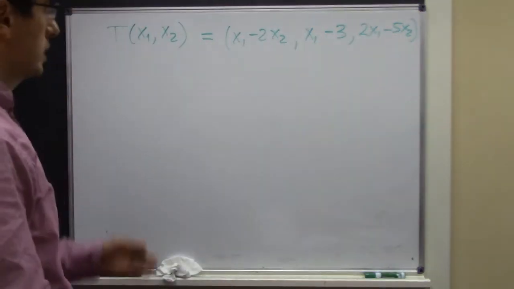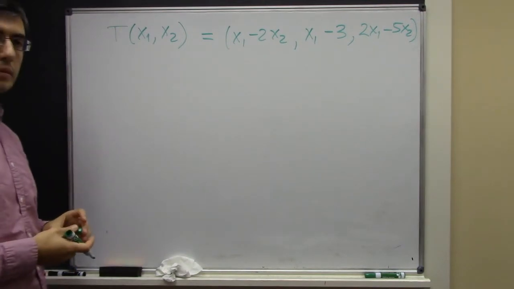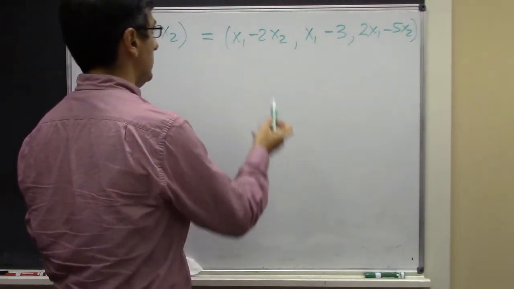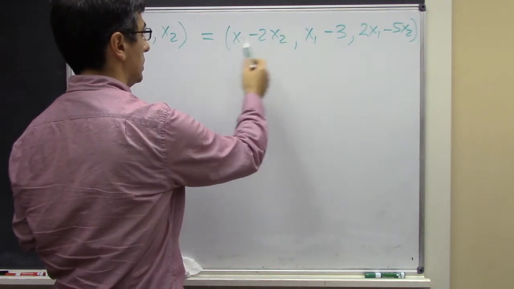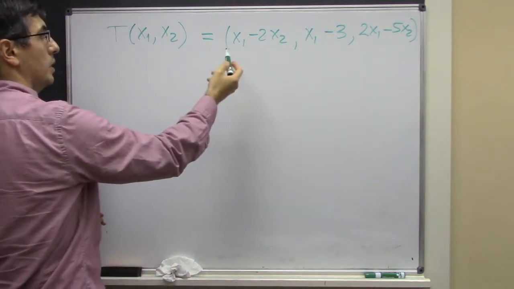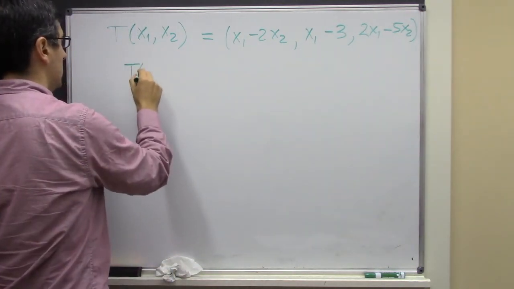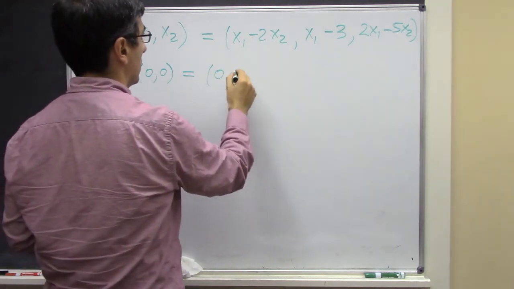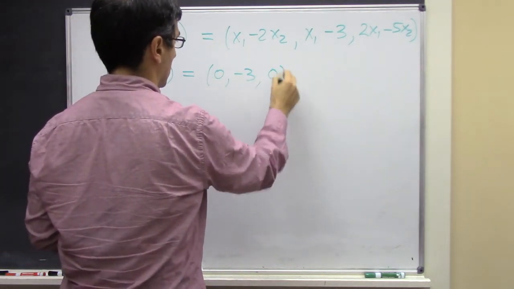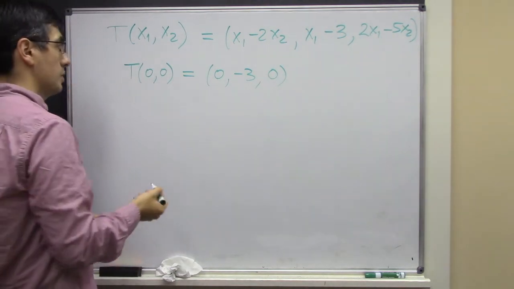Suppose you're given this rule, and the question is: is this linear or not? What you can observe by just looking at these formulas is that T(0, 0) is equal to (0, minus 3, 0). So this does not map 0 to 0.